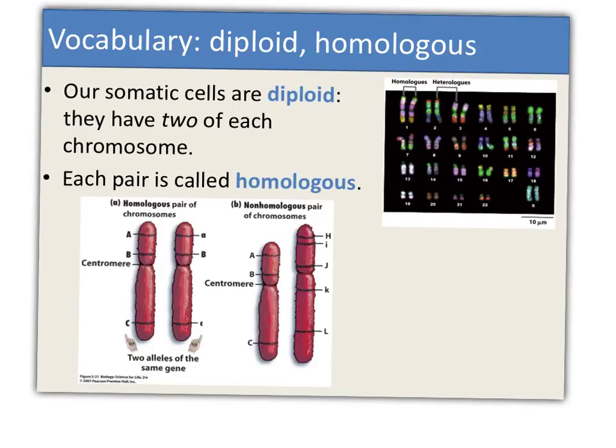Okay, so let's talk a little bit about vocabulary. So, somatic cells are diploid. They have two of each chromosome, and each pair is called a homologous chromosome. So, these are homologous chromosomes.